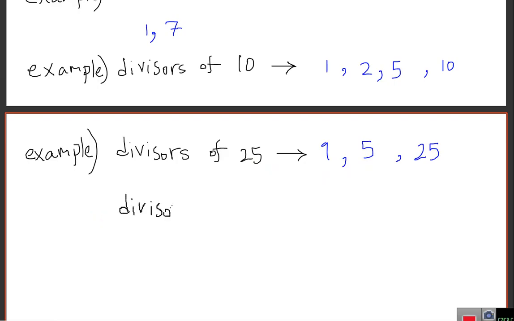Divisors of 13. Please think and tell me. Of course, one of them is 1. 1 and 13 are definitely included.